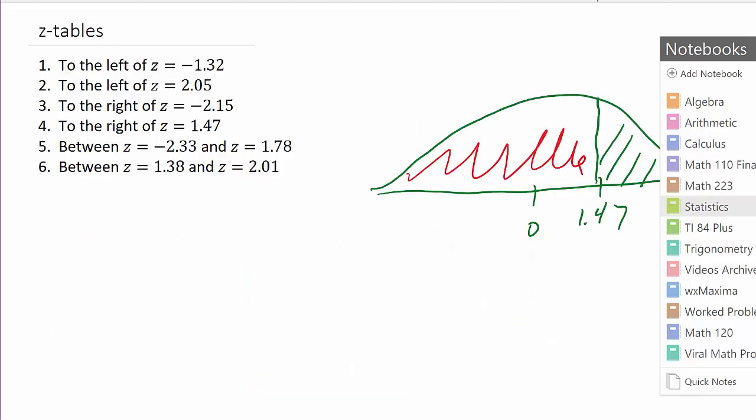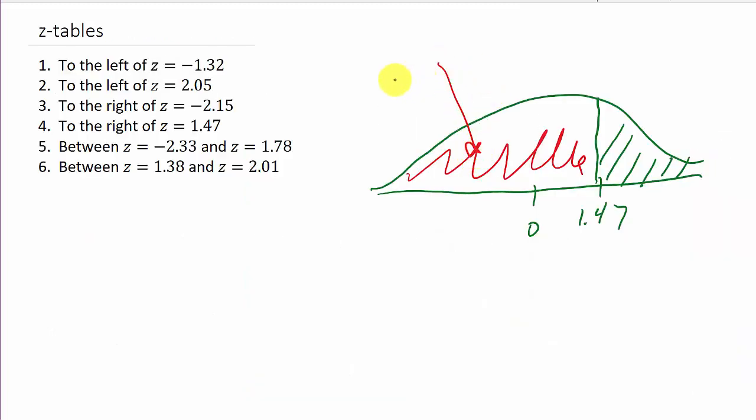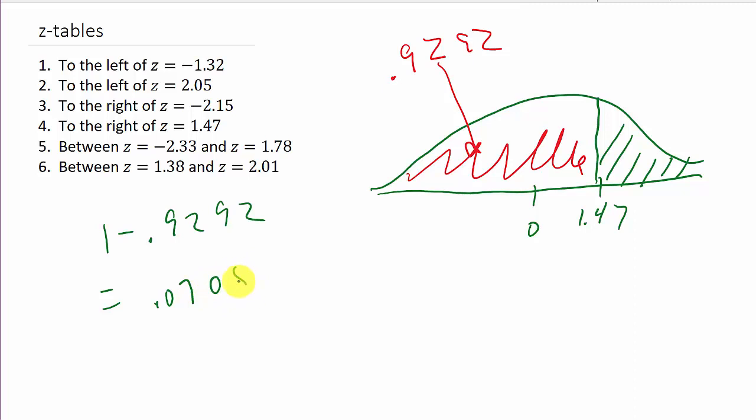So this area here is 0.9292. If we do 1 minus 0.9292, that will give us 0.0708. And so this would be the area to the right.